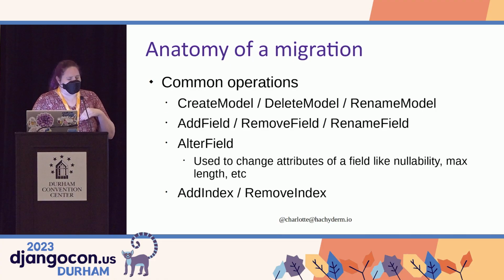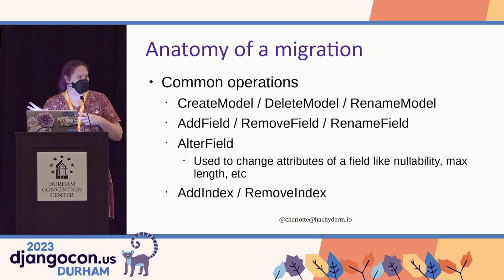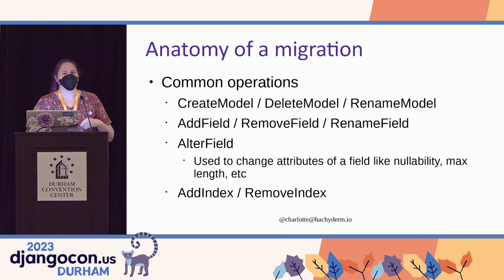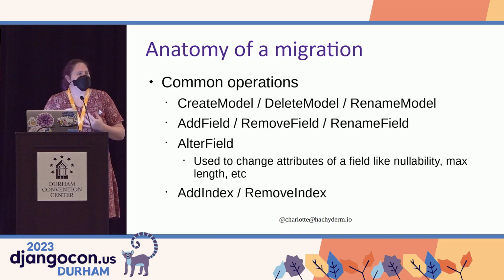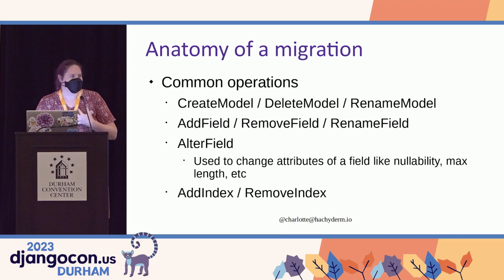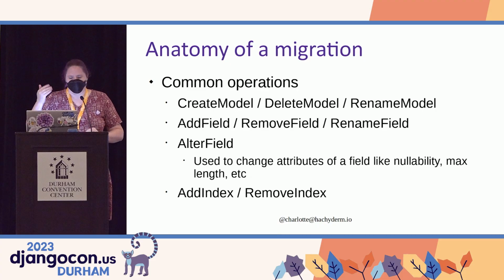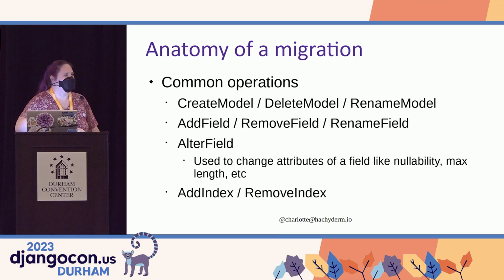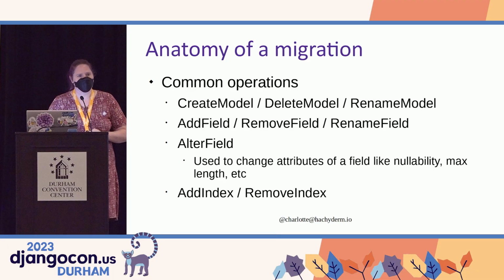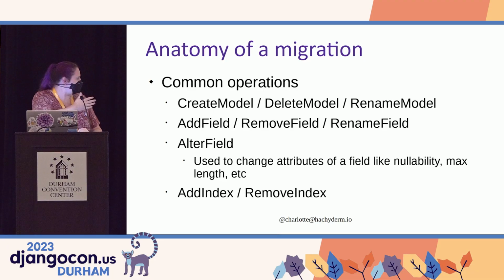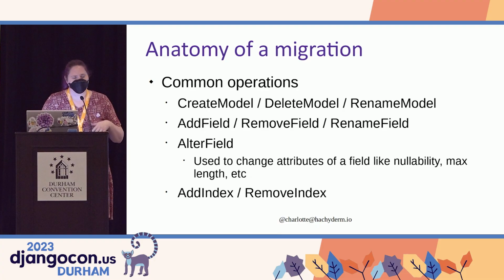One layer even deeper than that, we get to AlterField, which is used to change the attributes of a field. It's an existing field, you're not changing the name of it, but you're changing maybe its nullability or its max length, all of those things that we define in our field definition. If you change those, they will get changed in AlterField. And then a little bit less common, if you're defining indices directly on your models, you'll see AddIndex and RemoveIndex when you make tweaks to that.